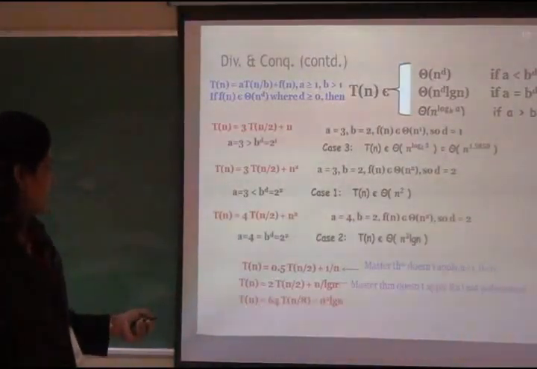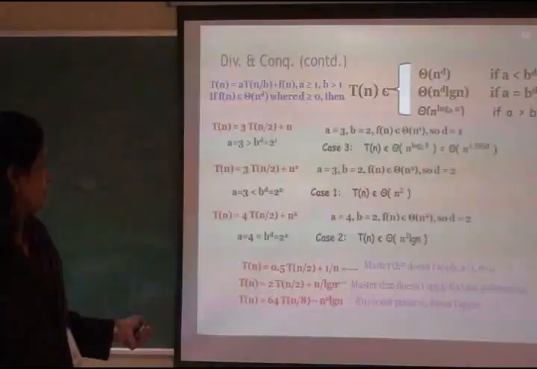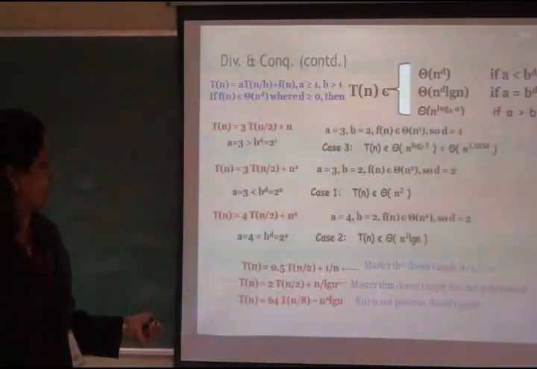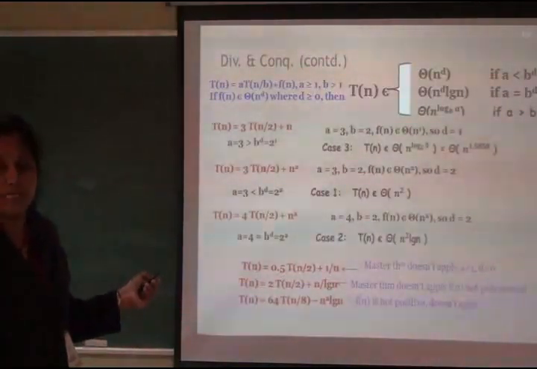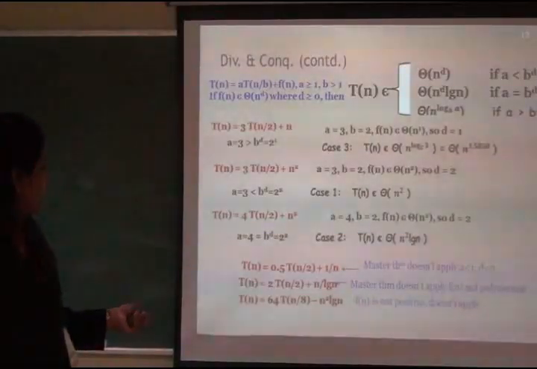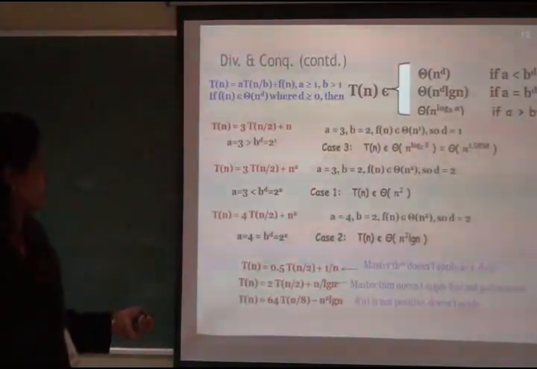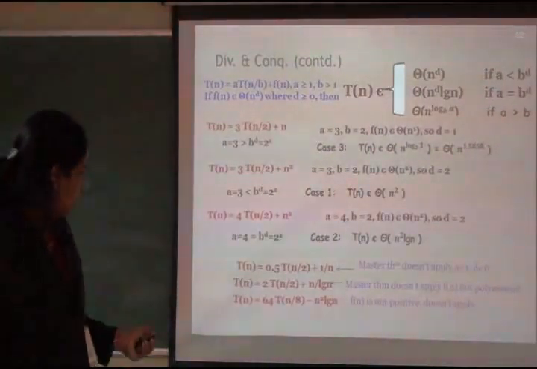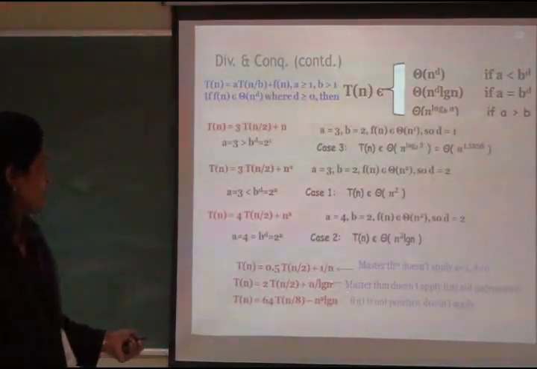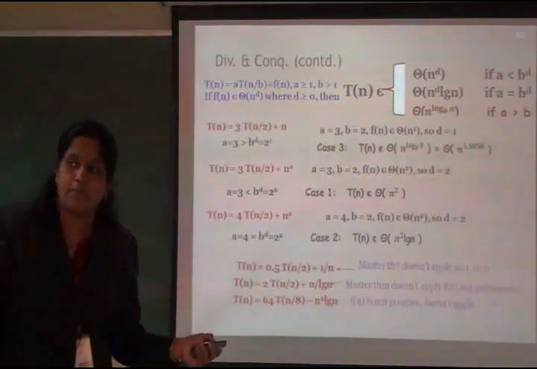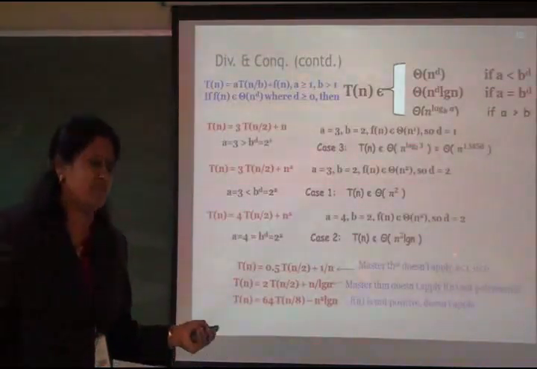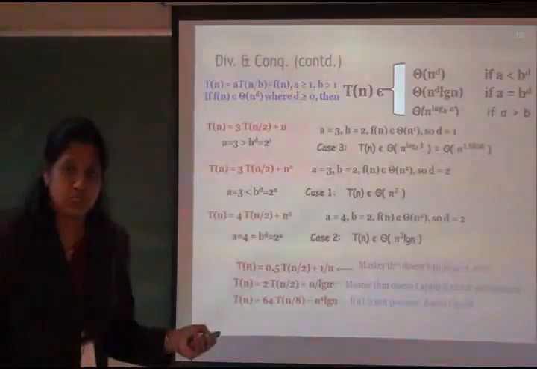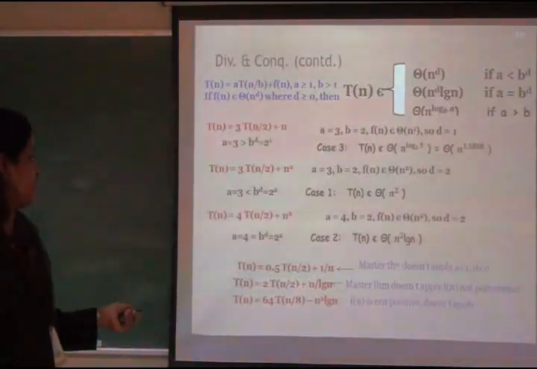Look at these, these are the not applicable cases. Here a is 0.5, but a cannot be a fraction; as per the condition, it should be greater than or equal to 1, and d also cannot be a fraction, it must be greater than or equal to 0. In the second case, the time required for dividing and combining cannot be polynomial time, it should be constant time, so this also doesn't apply.